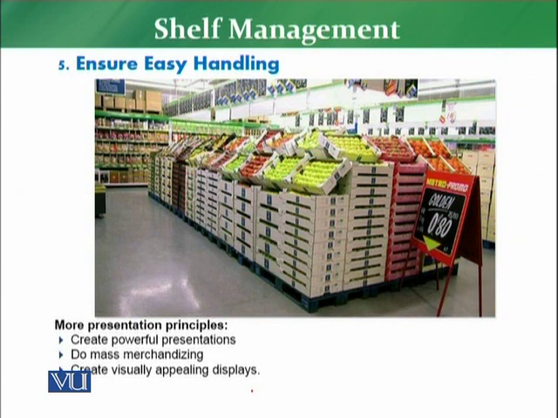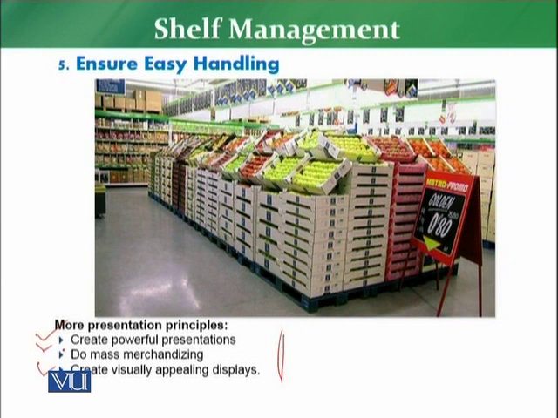The next principle was about ensuring easy handling. Your presentation of the product should be in a way that the customer can easily handle it. So what principles should you take into consideration? You need to create a powerful presentation. Mass merchandising will really help, and the displays should be visually attractive enough that the customer will buy.